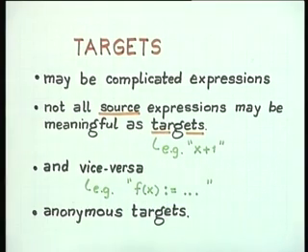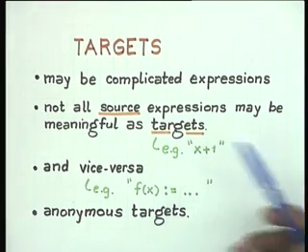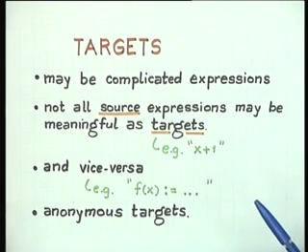So there is a separate subset of the expression language which targets can be. Not all source expressions can be meaningful. There is a separate sublanguage of source expressions. So in the whole language of expressions, you can divide it into, well, not really divide it, because they're not two disjoint sets. There are two subsets, valid target expressions and valid source expressions, and they are not disjoint.